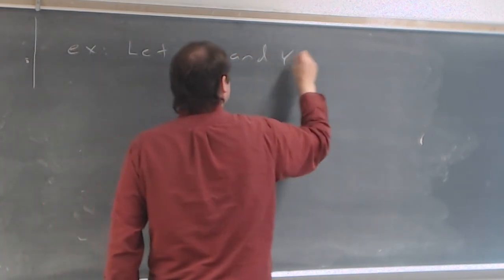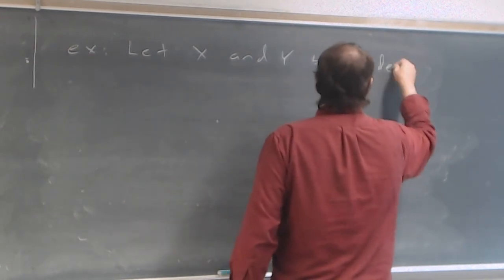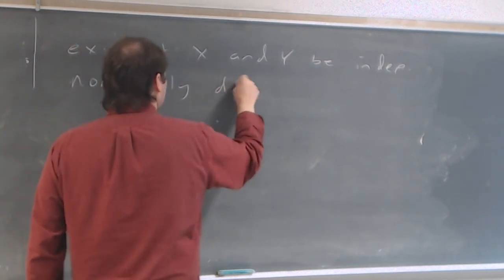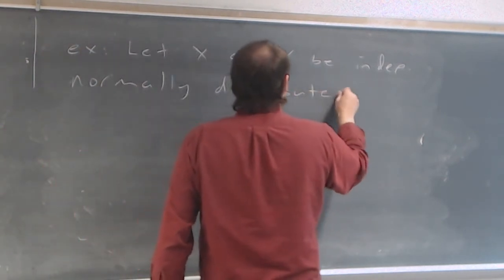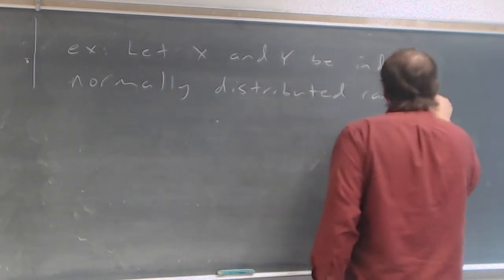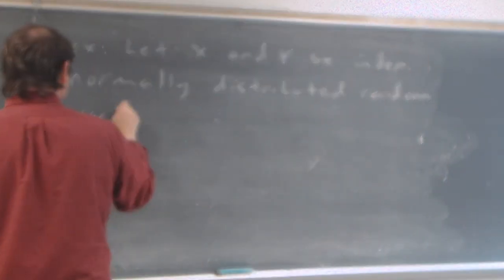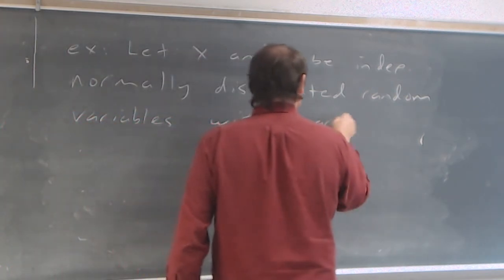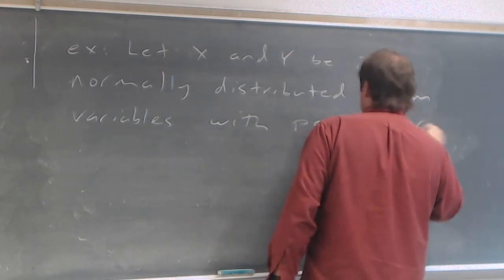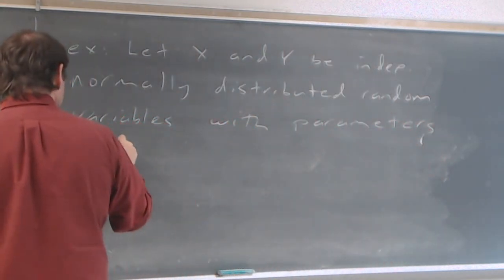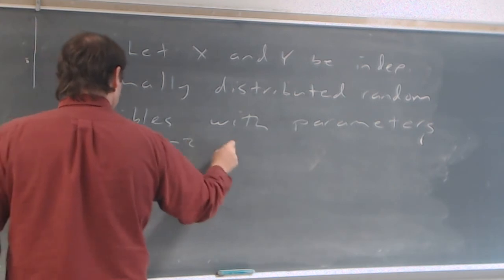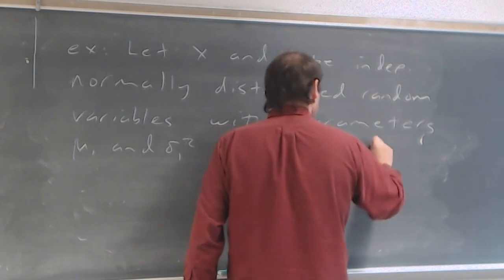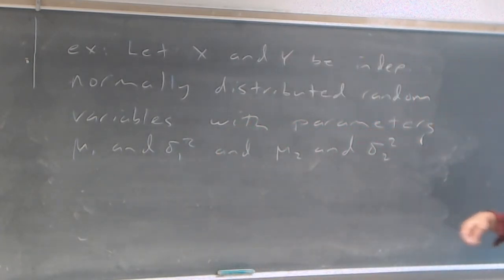So let X and Y be independent, normally distributed random variables with parameters mu sub 1 and sigma sub 1 squared for X, and mu sub 2 and sigma sub 2 squared for Y. Okay.